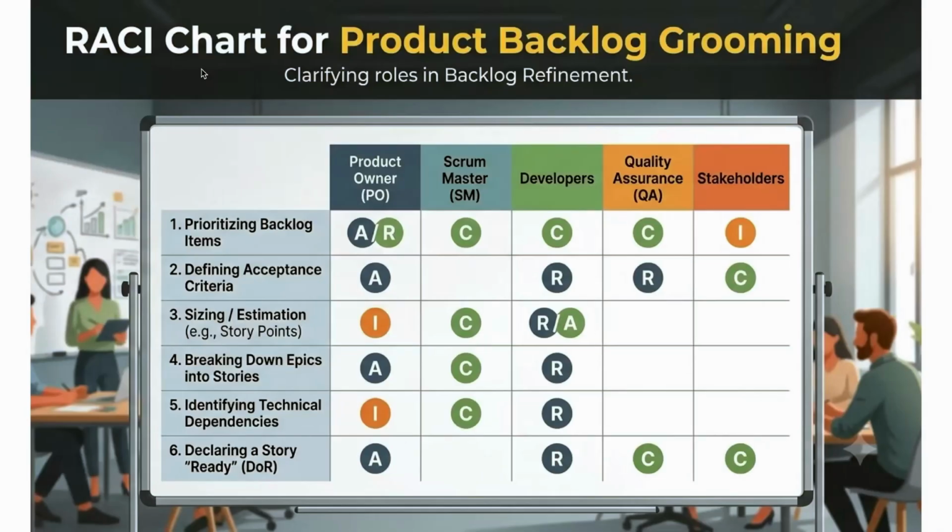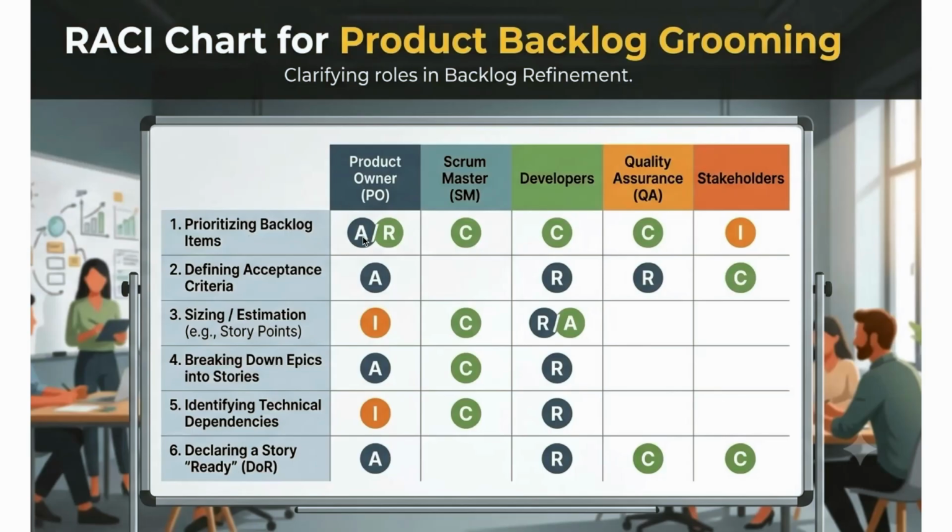Here we have a RASI chart for product backlog grooming. Even though the accountability and responsibility lies with the product owner, it is a collective exercise. So I've created a RASI chart for product backlog grooming, prioritizing the backlog items.